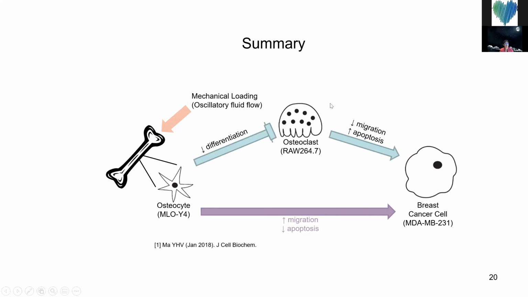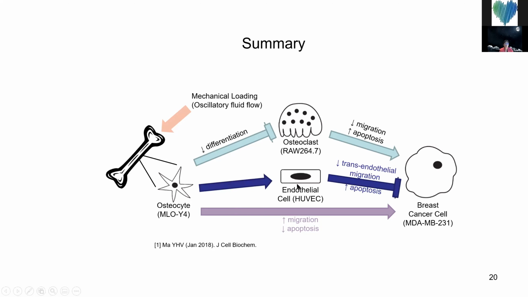So what's missing here is some cells living in between, right? Between the osteocyte and cancer cells. In this case, if we put osteoclasts here, we know that osteocytes can downregulate osteoclast differentiation when experiencing mechanical loading, and that will result in downregulation of cancer cell migration and promote cancer cell suicide, which is apoptosis.